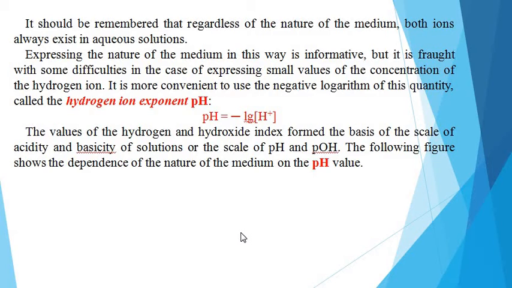The values of the hydrogen and hydroxide index form the basis of the scales of the acidity and basicity of solutions, or the scale of pH and pOH. The following figures show the dependence of the nature of the medium on the pH value.